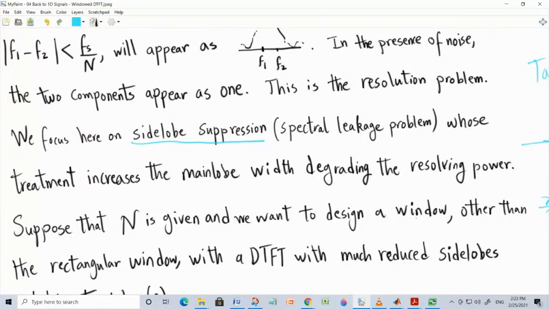In the notes, you will also find that when people started coming up with ideas for windows, there were sort of engineering ideas, and one of the first windows was called the Hamming window, and it is explained in the notes.